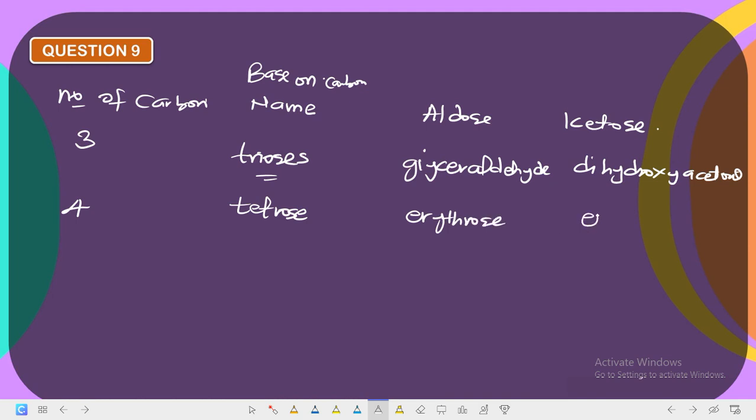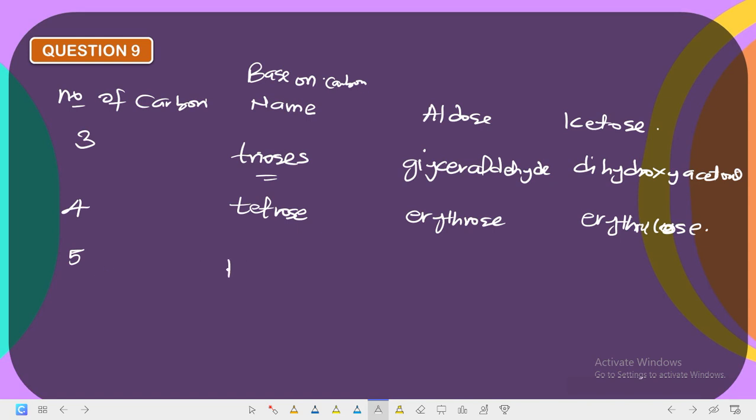Then the ketose you call erythrulose. Then for the 5 carbon sugar, you call them pentoses.